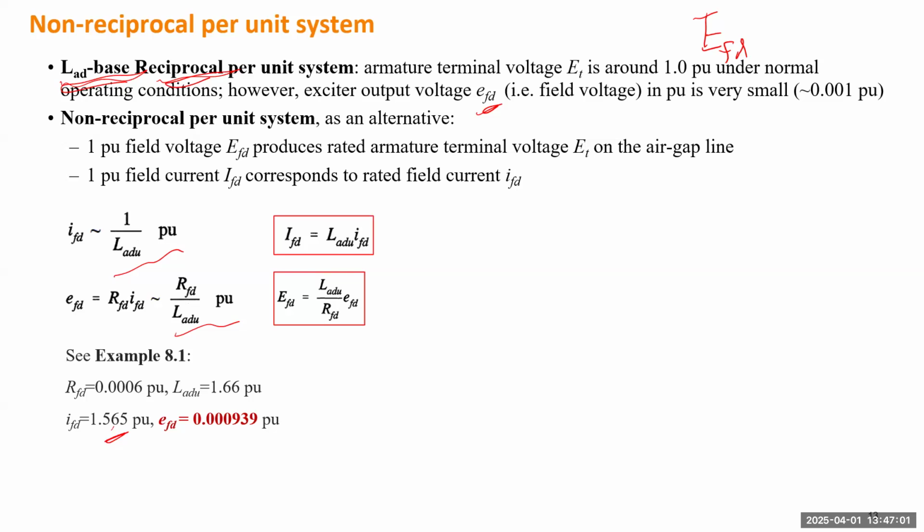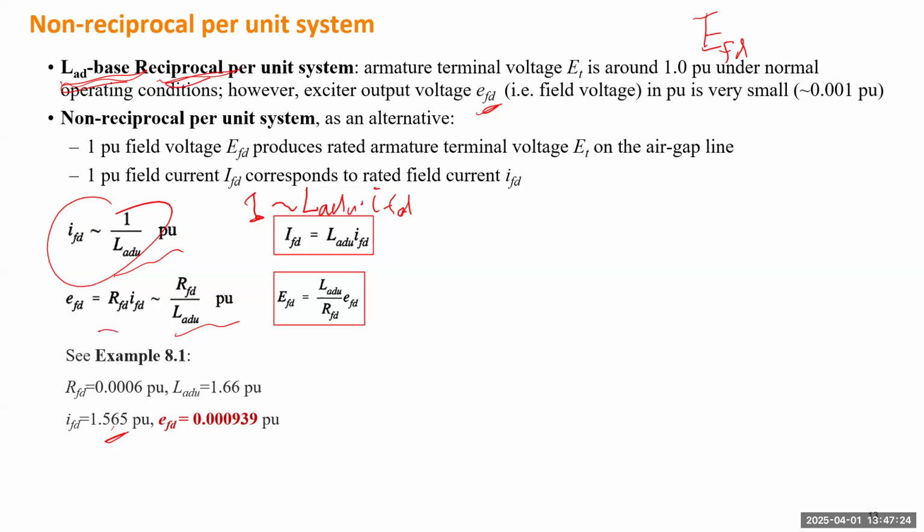Why? Because from here you easily know 1 will be around LAD multiplied by IFD. So if we multiply the IFD by that inductance, the capital IFD will be around 1.